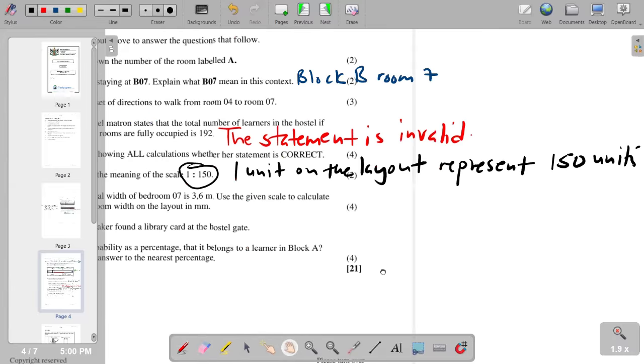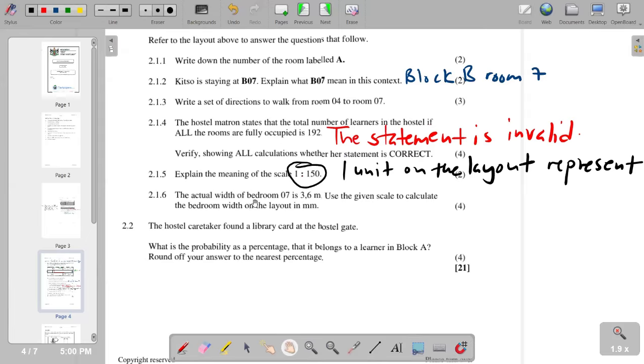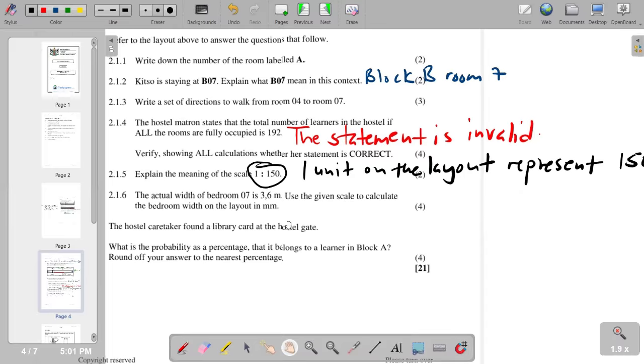So with that, we move on to the next one, which is 2.1.6. The actual width of bedroom 07 is 3.6 meters. Use the given scale to calculate the bedroom width on the layout. So given the scale that we have, we are going to apply the scale 1:150, and 150 will be the representation of 3.6 meters.